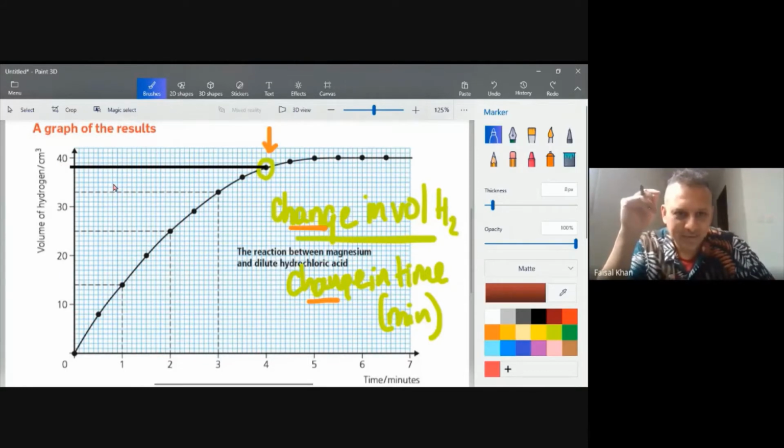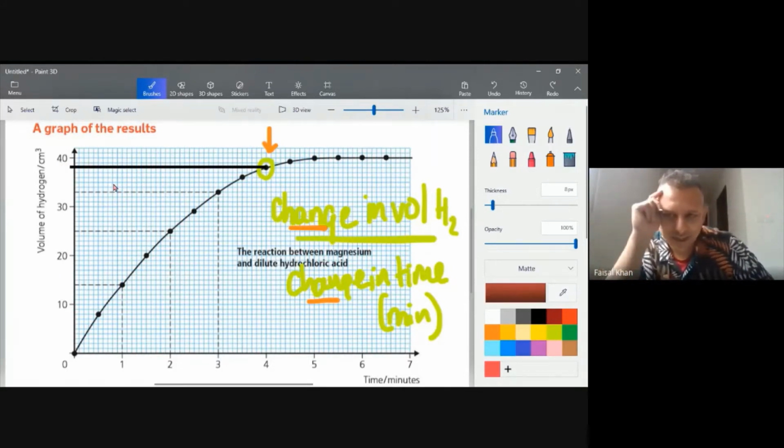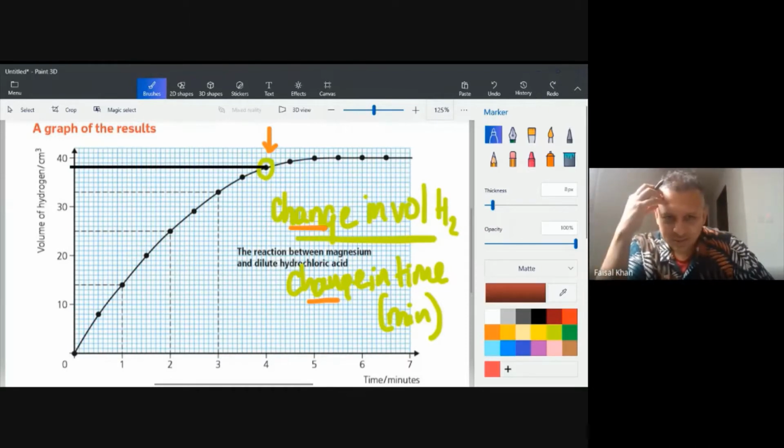But now we're working out a change in volume and a change in time. So what clues have we got from the question about volume or time? Look at the question. The clues are in the question.